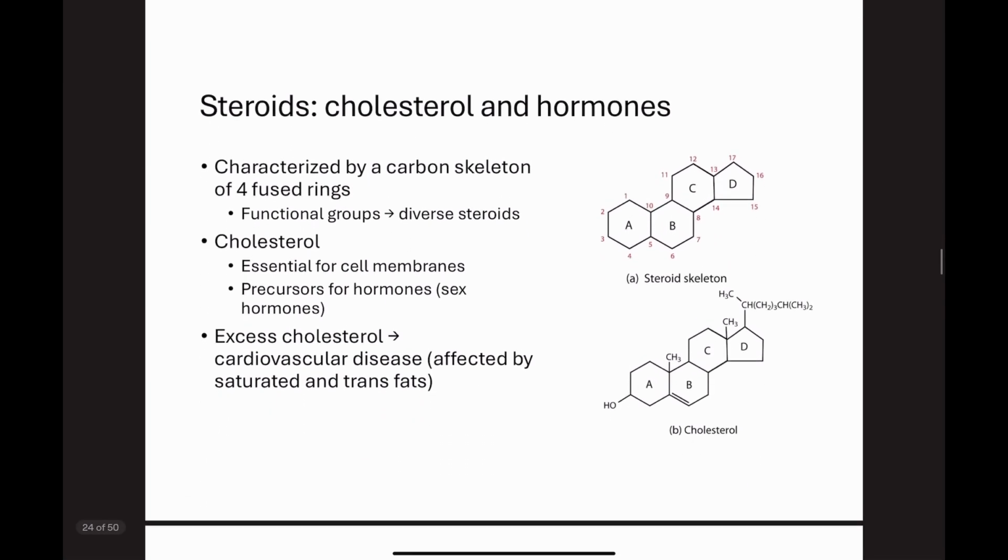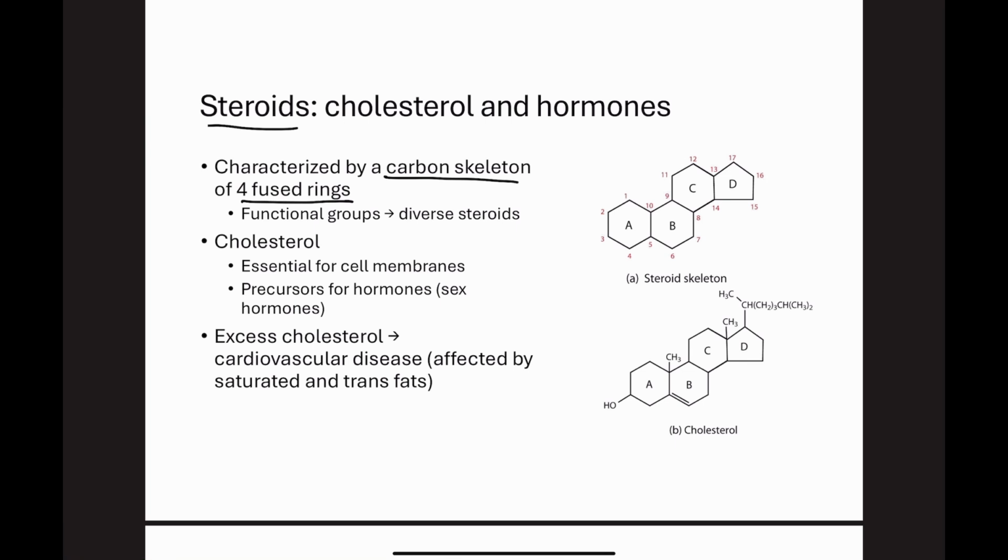So some lipids can be categorized as steroids. And steroids are characterized by a carbon skeleton that has 4 fused rings. And the specific functions of these steroids depend on the functional groups that they have.